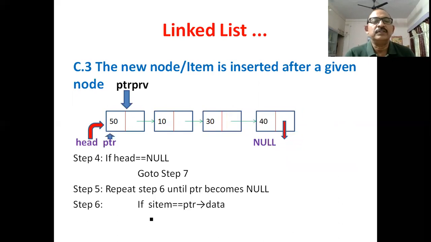In the picture you can see we set PTR is equal to head and PTR previous is equal to head. If head is equal to null, means linked list empty, we simply go out of our algorithm, go to step 7.